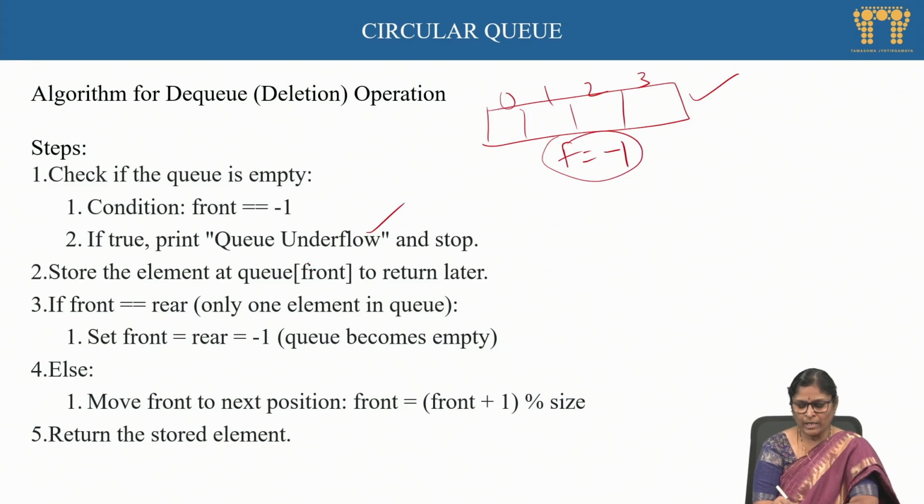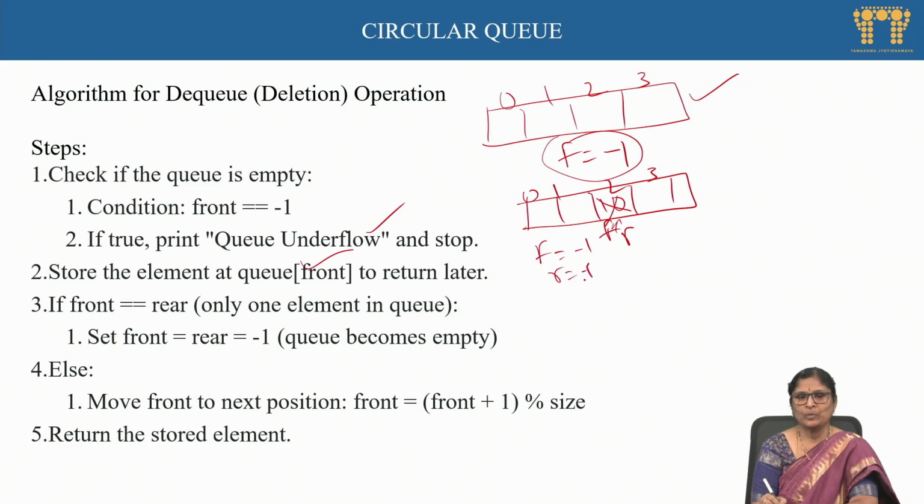Otherwise, you can delete the element from the front end of the queue. And whenever a single element is present, both front and rear are pointing to the same index. So after deleting that element, you have to set both front and rear to -1.